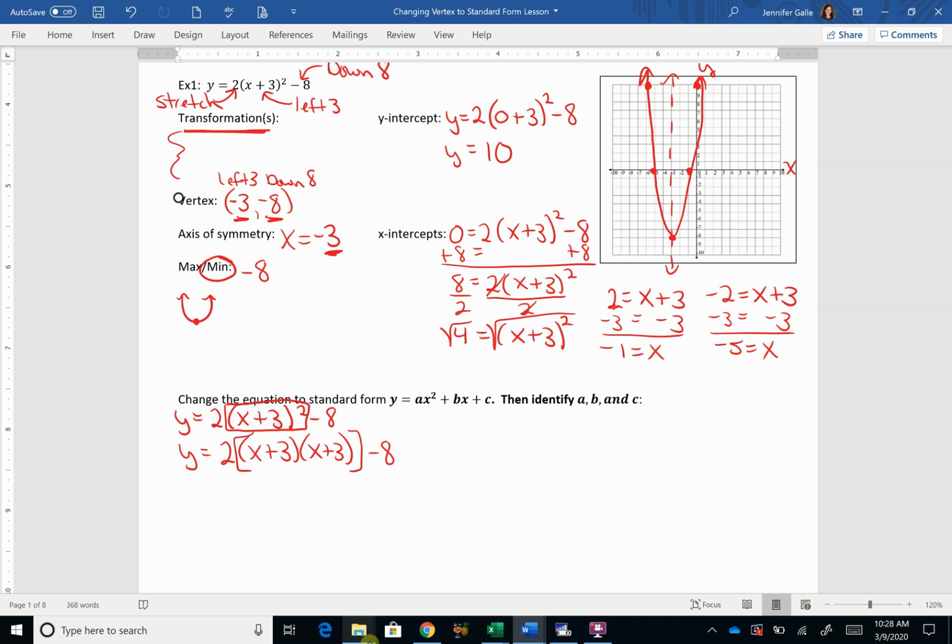Now from there, we do have to distribute. Some of you call it distribute, some of you call it FOIL. That's where we take the x times the x, and we get x squared. We take the x times the 3 and get 3x. Then 3 times x, and then 3 times 3.